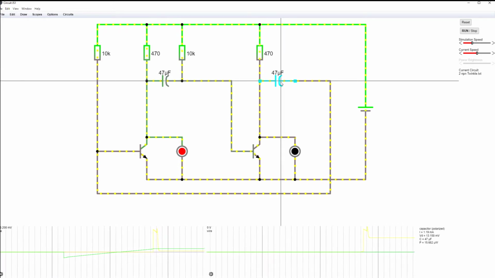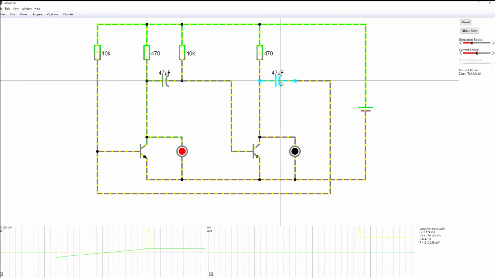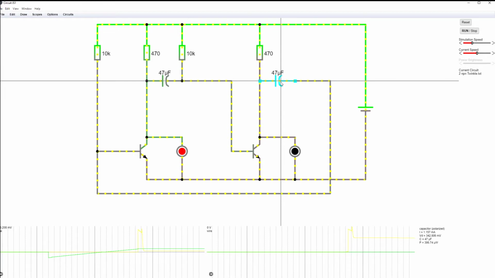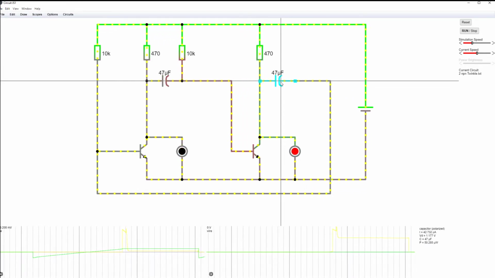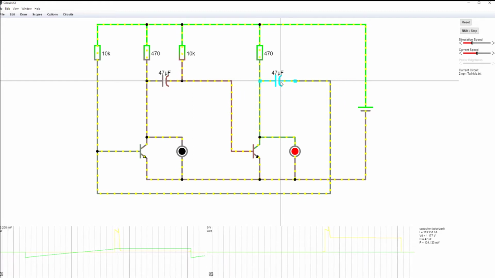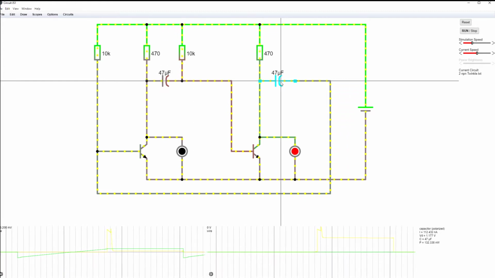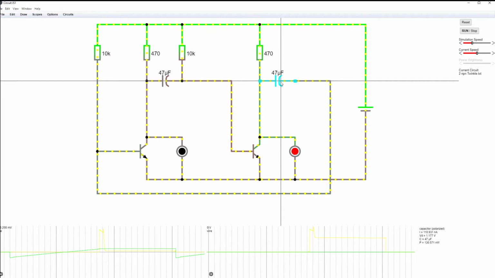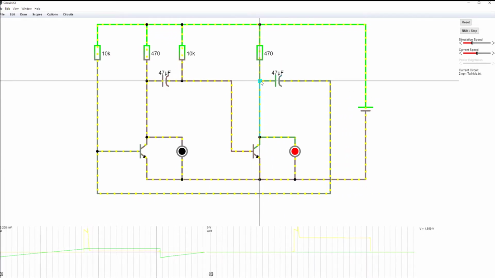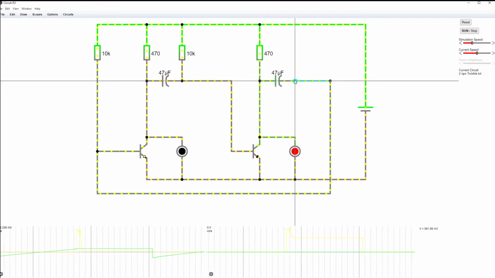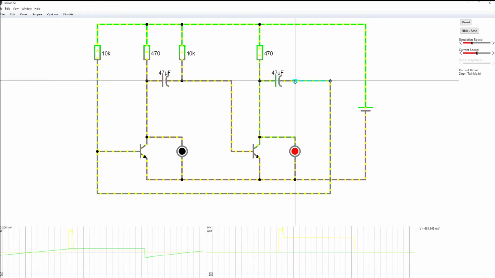So let's do a bit of revision on what a capacitor is. A capacitor is an electrical component that stores energy, and that could be thought of as storing some sort of voltage difference. For this capacitor over here, on this side of the capacitor it is 1.8 volts, and on this side it is 0.6 volts.